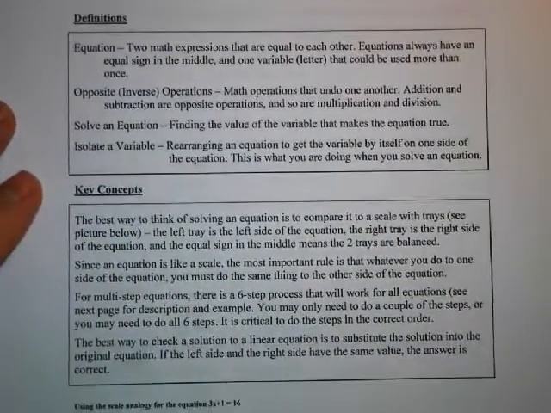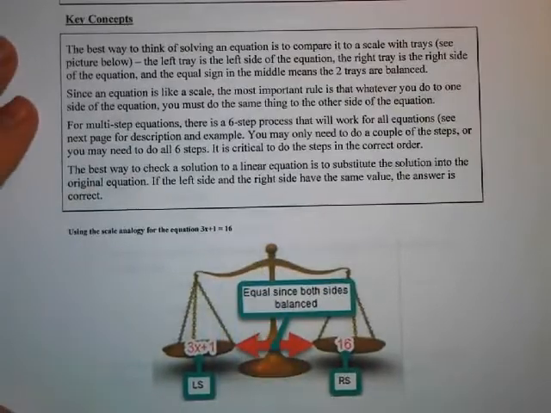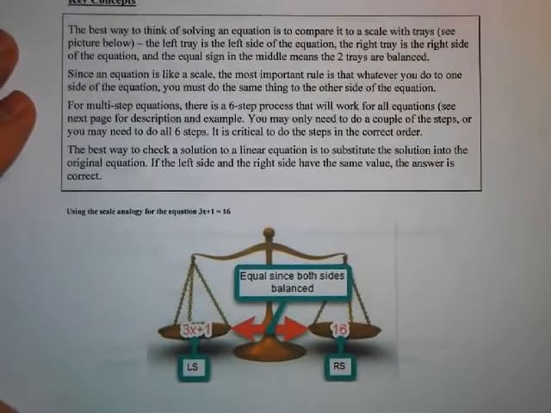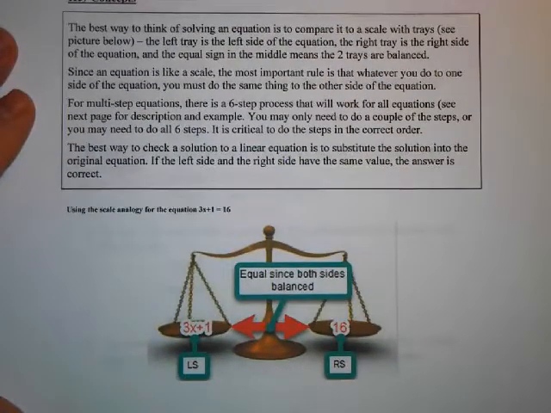Now, getting on to the scale analogy. I went through this in the last lesson, so here's just a refresher. We consider an equation like a scale. This old-fashioned scale has a left tray and a right tray. You put objects or weights on both sides until the scale is balanced, and then you know that the left tray is the same weight as the right tray.